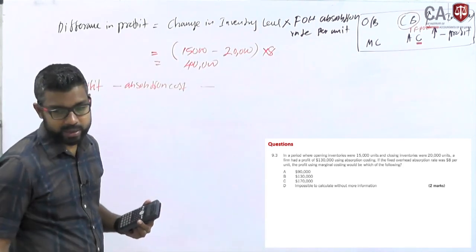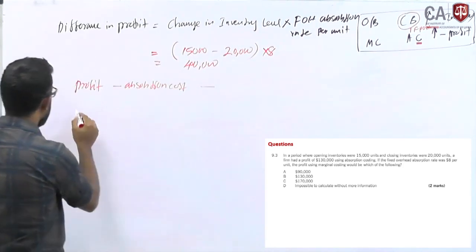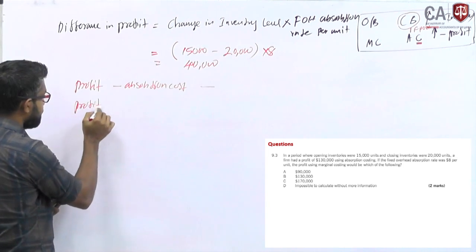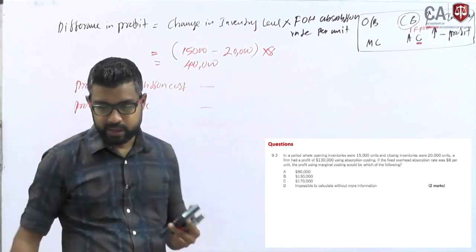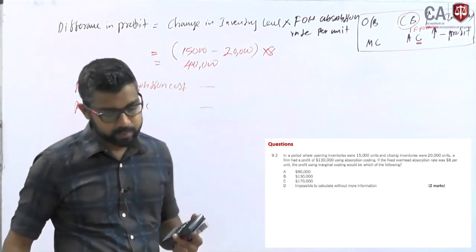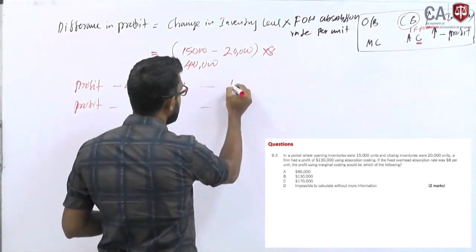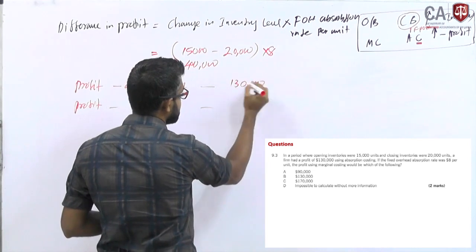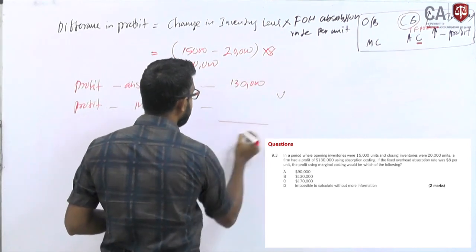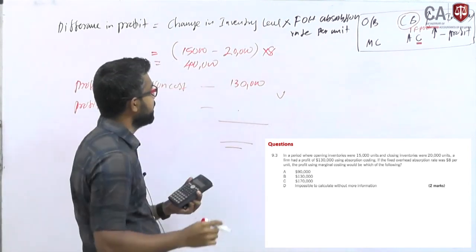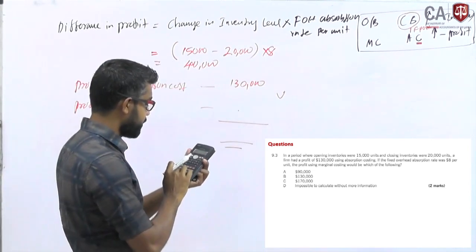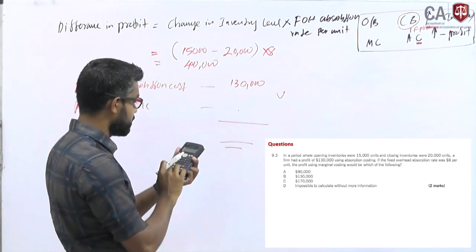Now they are asking what is the profit under marginal costing? Absorption costing profit they have given, how much? 130,000. This should be higher when you compare with marginal costing, therefore marginal should be lower, which means subtract: 130,000 minus 40,000.